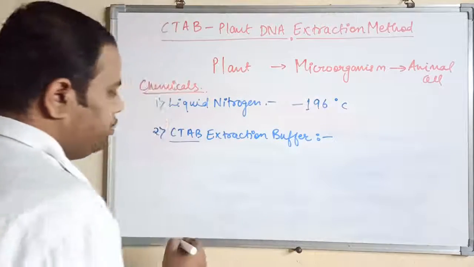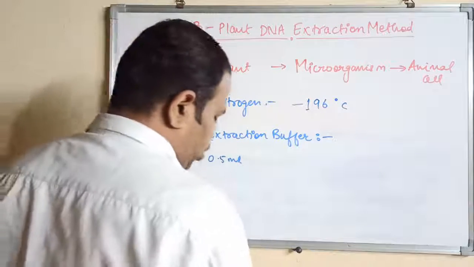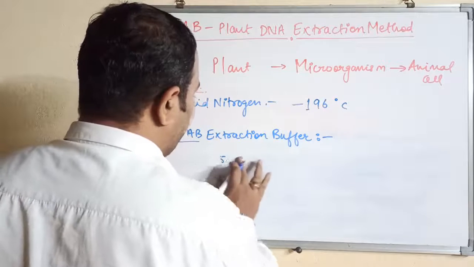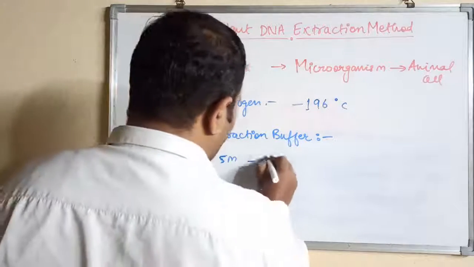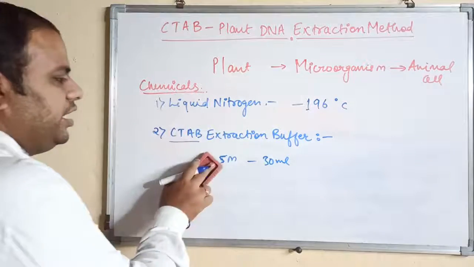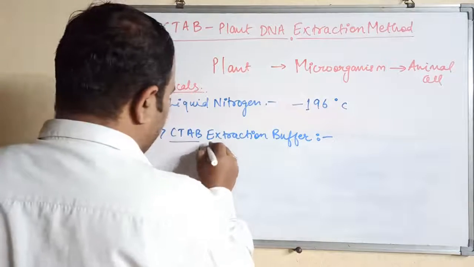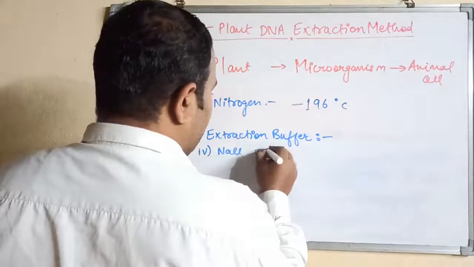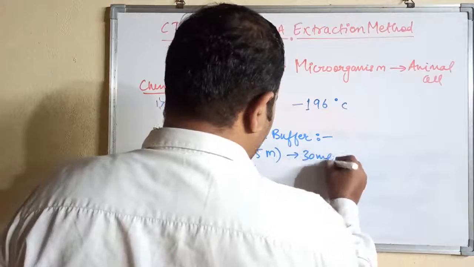And I forgot to tell you, EDTA you have to take in 0.5 ml amount, as 5 molar concentration of EDTA, and you have to take the solution as 30 ml. So this much amount you require. The next component that is required is NaCl, in 5 molar concentration and 30 ml.